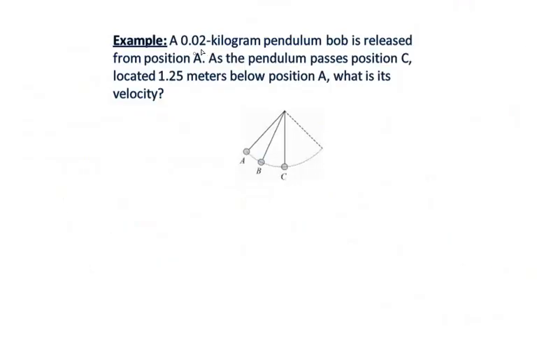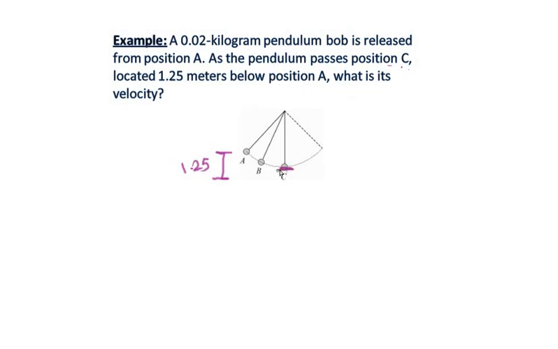A 0.02 kilogram pendulum bob is released from position A. As the pendulum passes position C, here, located 1.25 meters below position A, so the distance between A and C is 1.25 meters, what is its velocity?